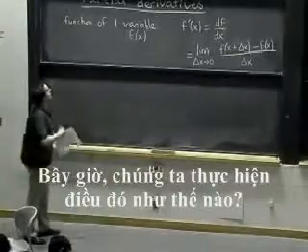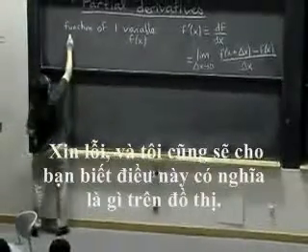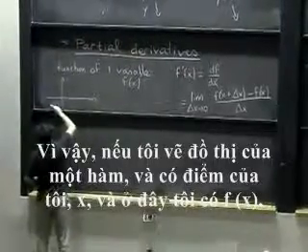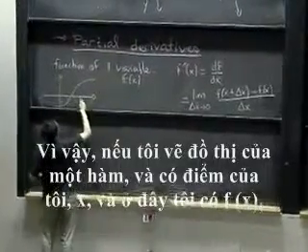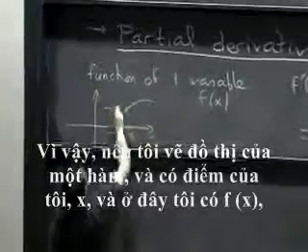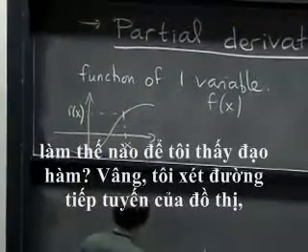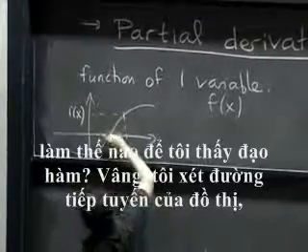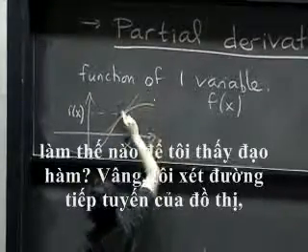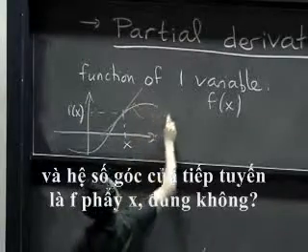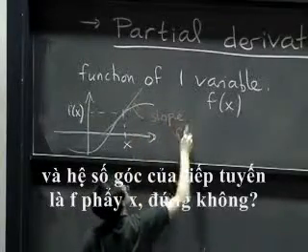Now, how do we do that? Oh, sorry, and I should tell you also what this means on the graph. So if I plot the graph of a function, and I have my point x, and here I have f of x, how do I see the derivative? Well, I look at the tangent line to the graph, and the slope of the tangent line is f prime of x.